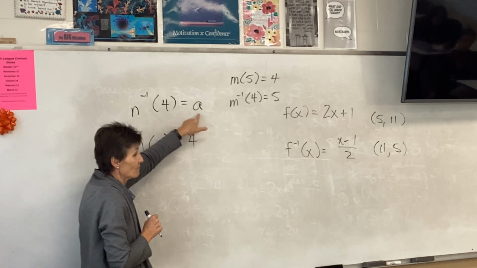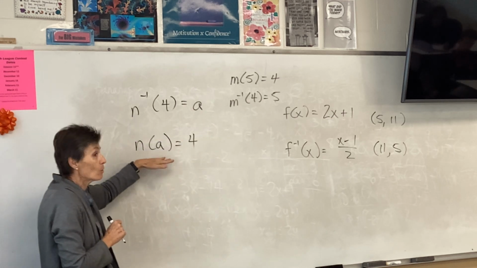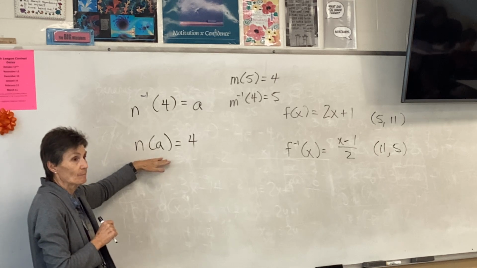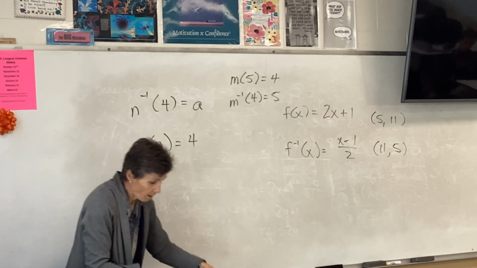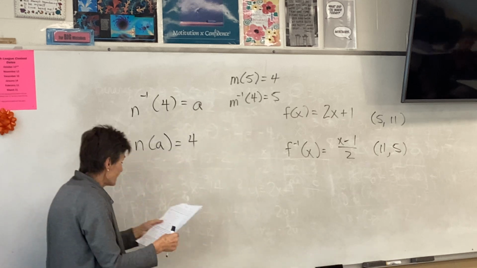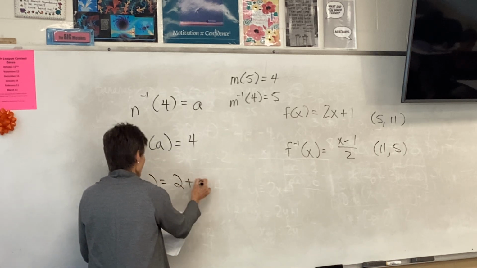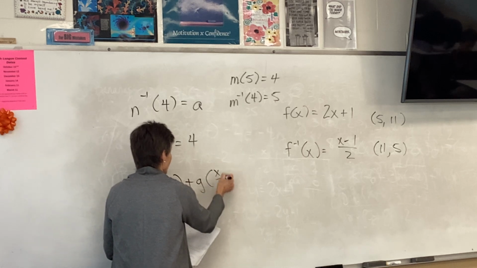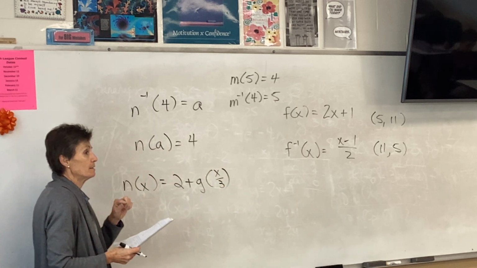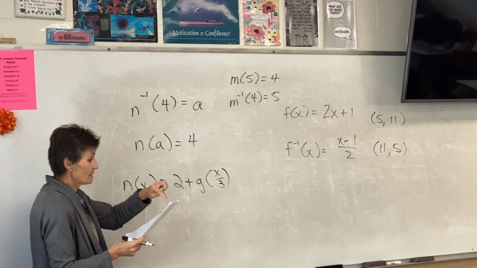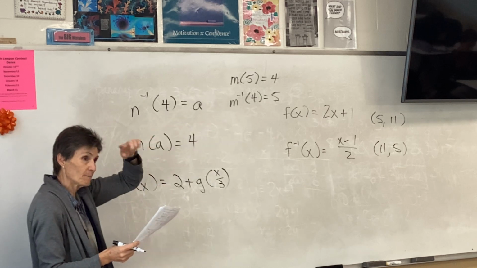Now, my goal, I'm trying to figure out what this is, but I know this had to have been the case. So let's look at our problem. It says n of x is 2 plus g of x over 3. And g is the table at the top of the page.